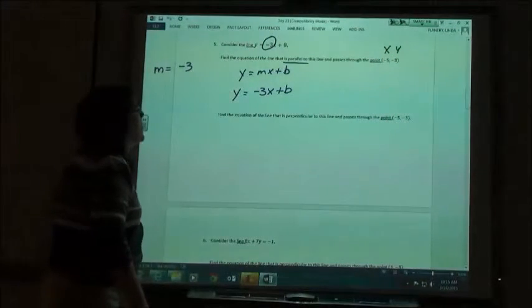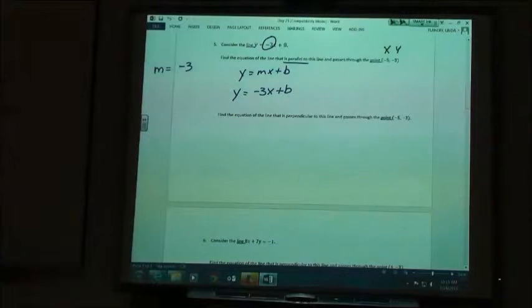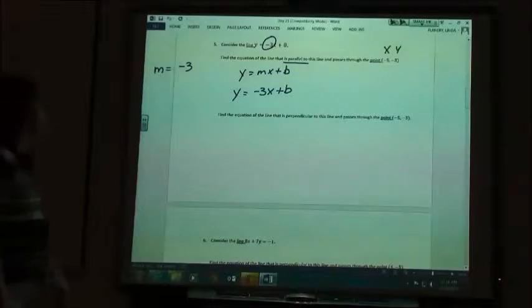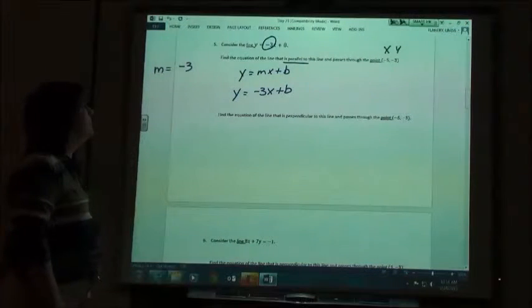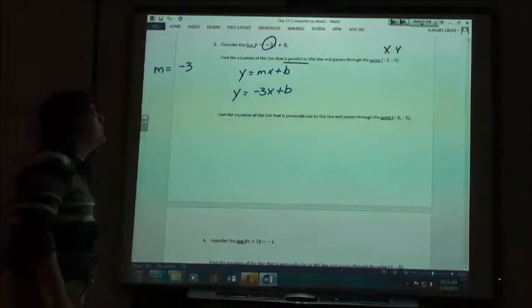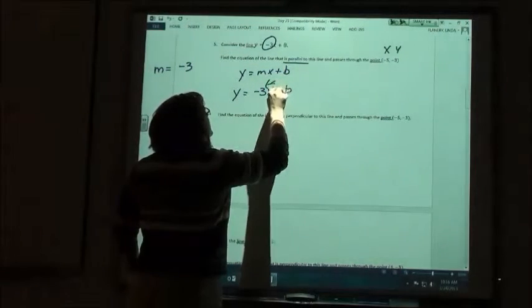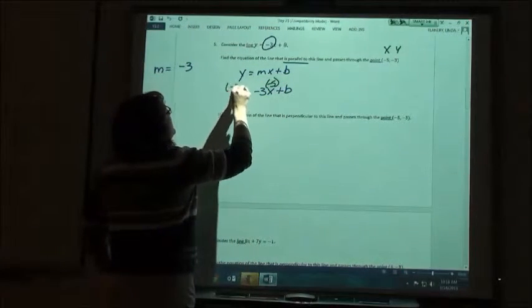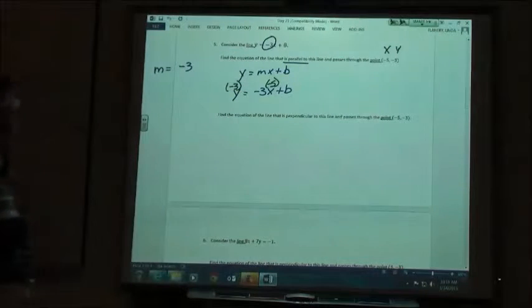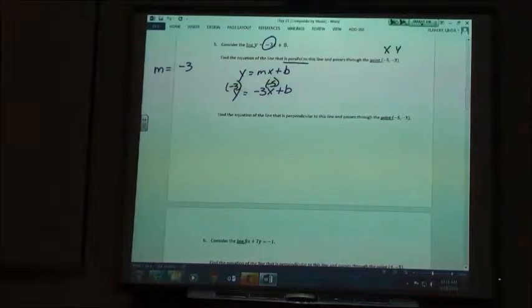Oh, I better erase too, because I missed a step. So y is going to equal -3x plus b. So then the x is going to be -5, and the y is going to be -3. Yep.